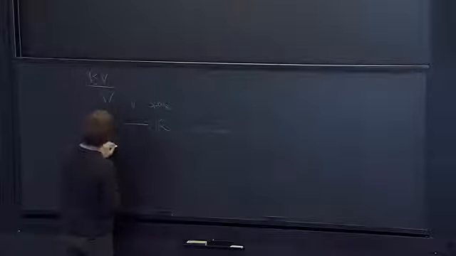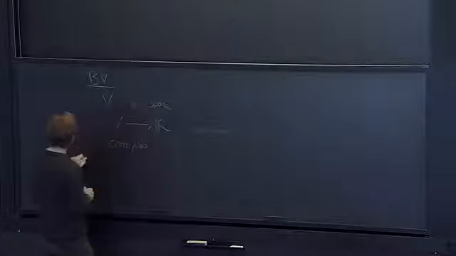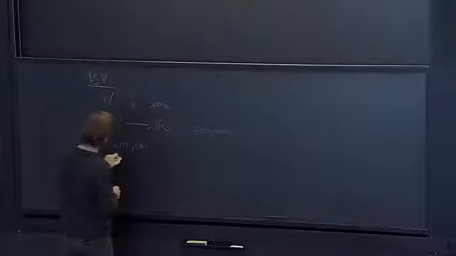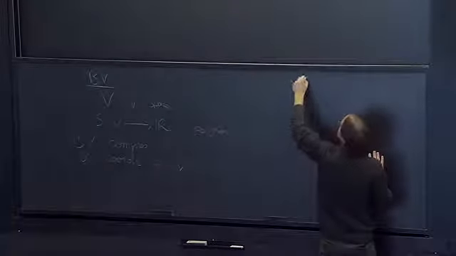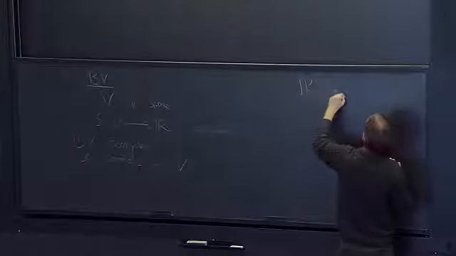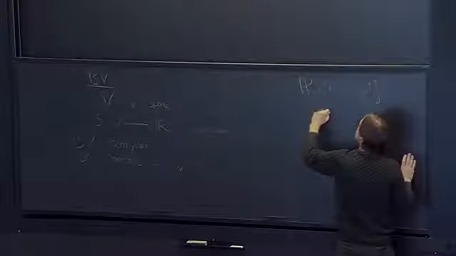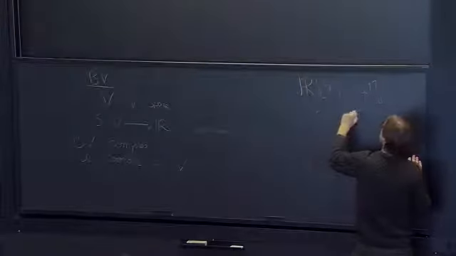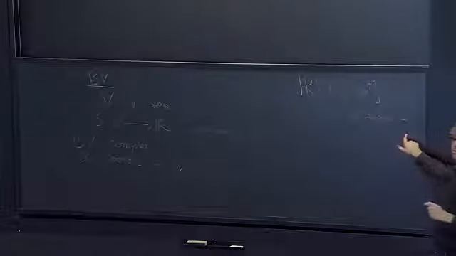The BV complex is defined if we take x^i, the coordinates on V, we introduce the polynomial ring generated by x^i, but also some new guys, psi_i, where psi_i are of degree -1. They're fermionic, so they're anti-commuting.